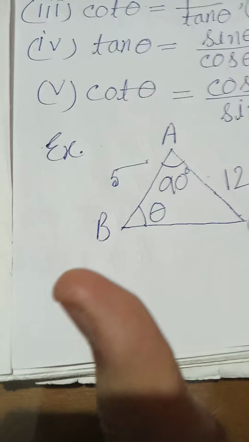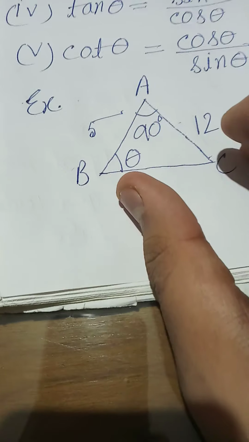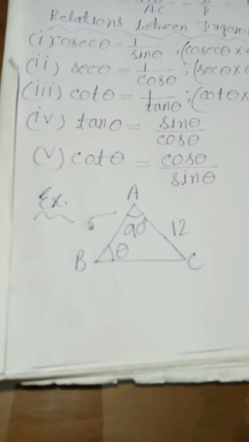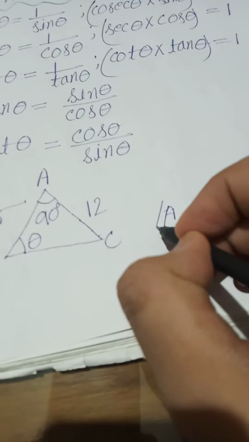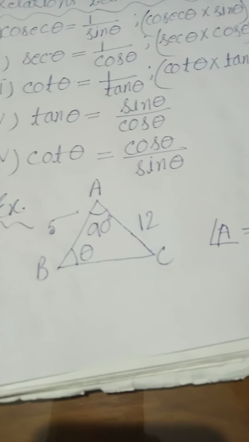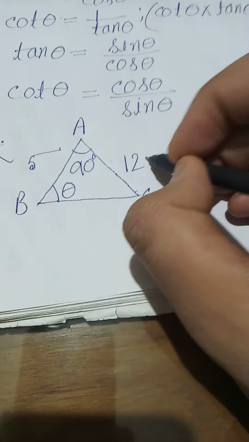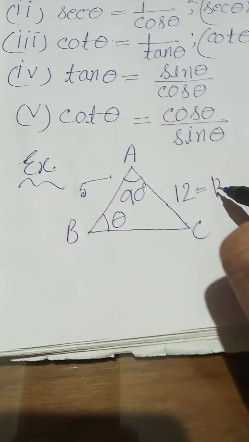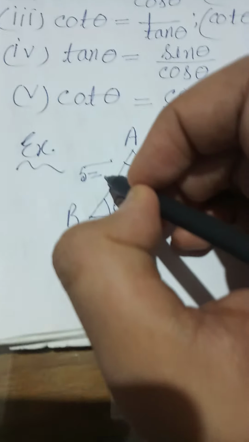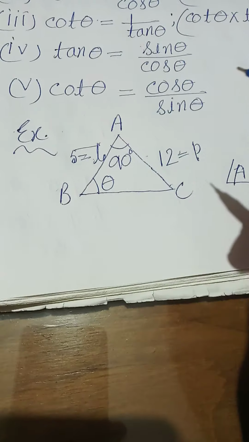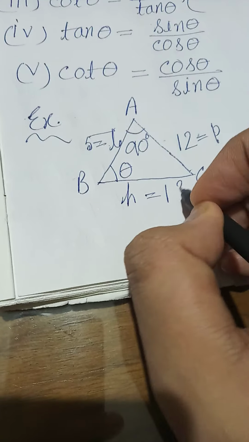So here we find the six trigonometric ratios from this triangle. So now in this ABC, this angle A is 90 degrees. So suppose we consider 12 is equal to small p, 5 is equal to small b, and small h is equal to 13.